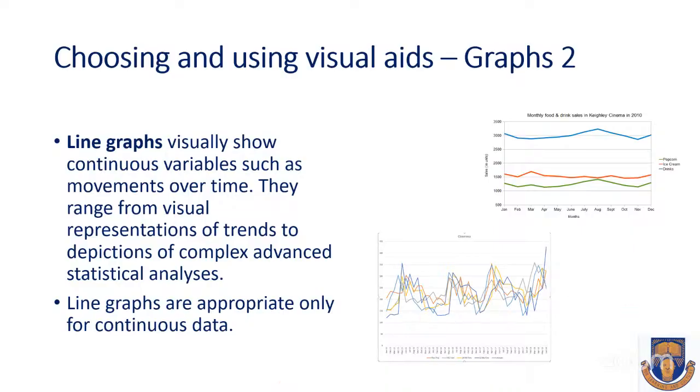So for some complex statistical analysis, that could also help. One very good example, for those who are familiar with mathematical modeling of infectious diseases, we tend to use some of these graphs to show those zigzag patterns: what you expect if you include this, if you reduce this, if you add vaccination, what happens to the number of people? So line graphs help very well with those kinds of information.